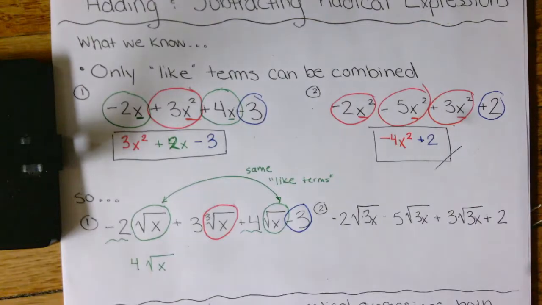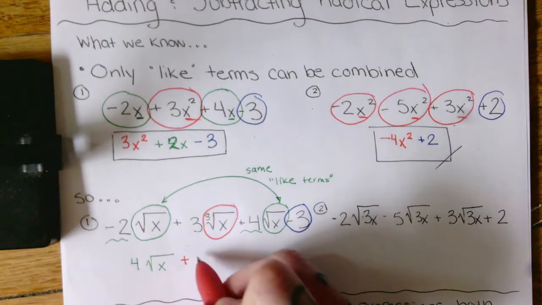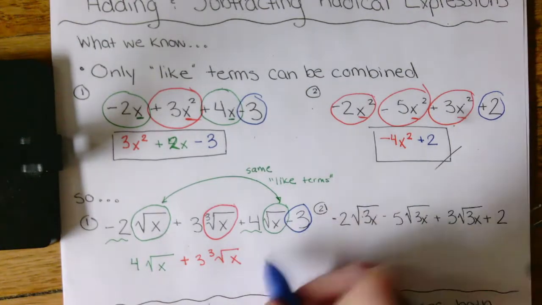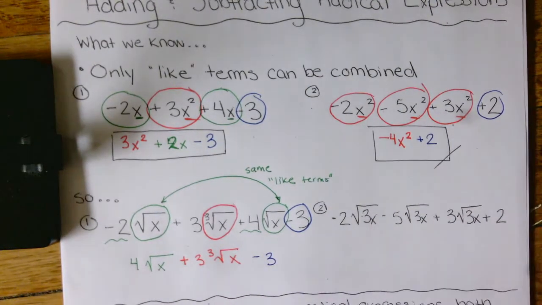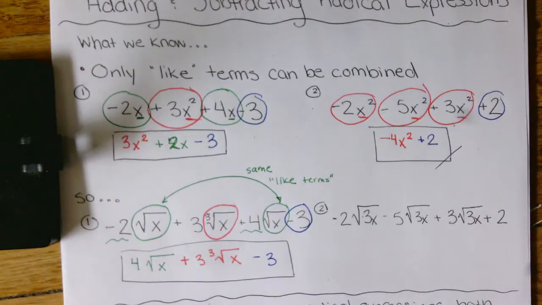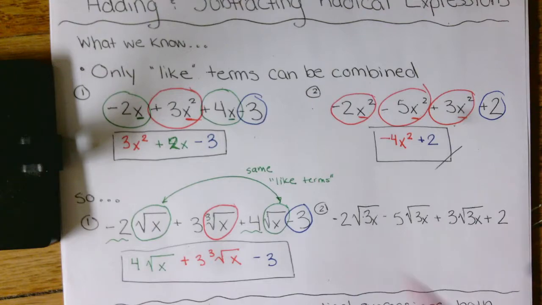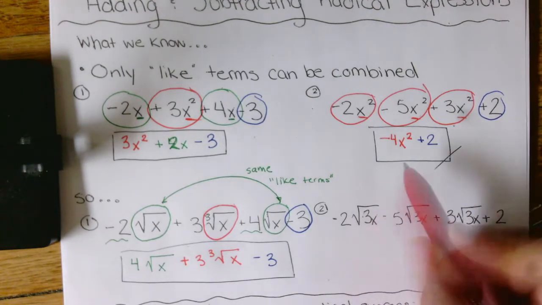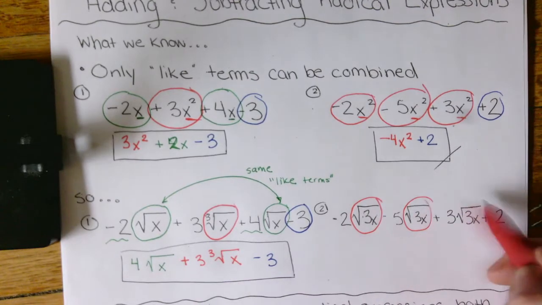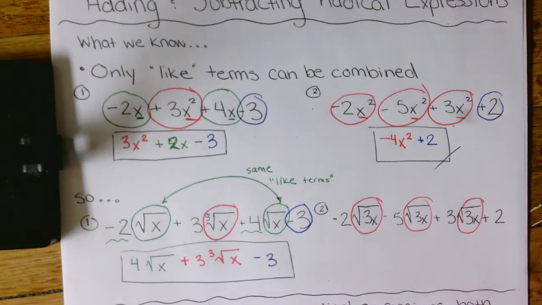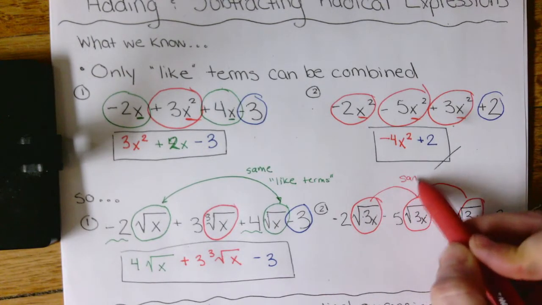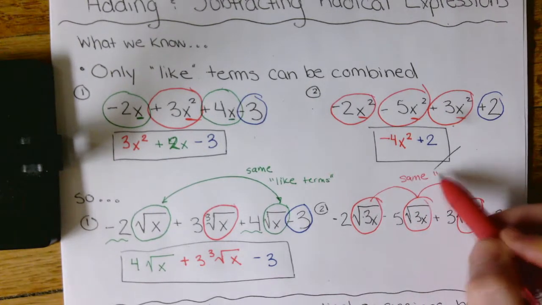Here, this is not going to change at all. Here, this is not going to change either. And then I can do the same thing here. So if I have square root 3x, square root 3x, square root 3x, these are all the same, like terms.